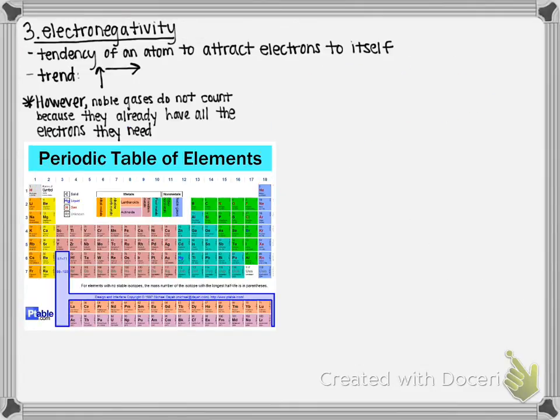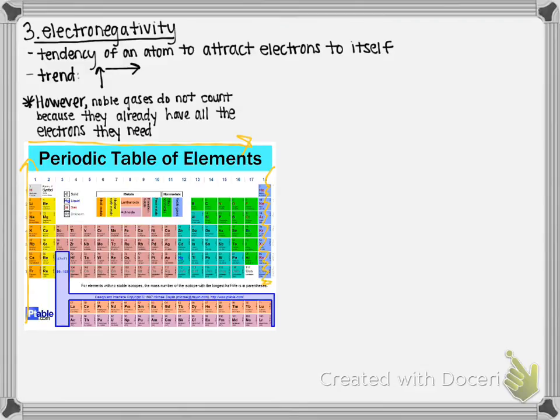The third trend is electronegativity, and this is the tendency of an atom to attract electrons to itself. The trend is just like ionization energy, that we increase moving up and we increase moving to the right. However, noble gases do not count because they already have all the electrons they need.